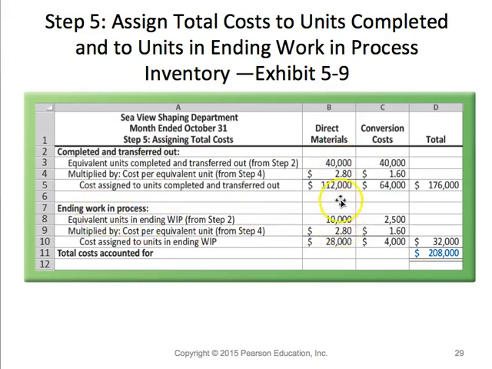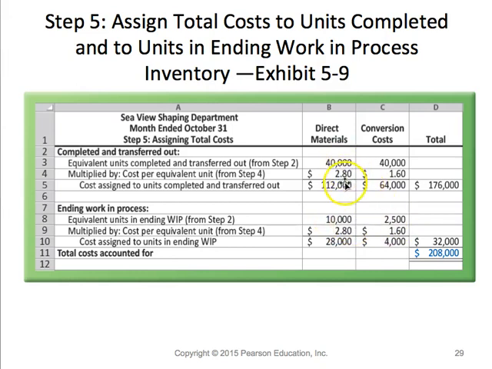We still remember, right? For the raw material, 40,000 is still for the conversion cost, and 2,500 is also for the conversion cost, because we only have 25% of the work finished for the work in process.